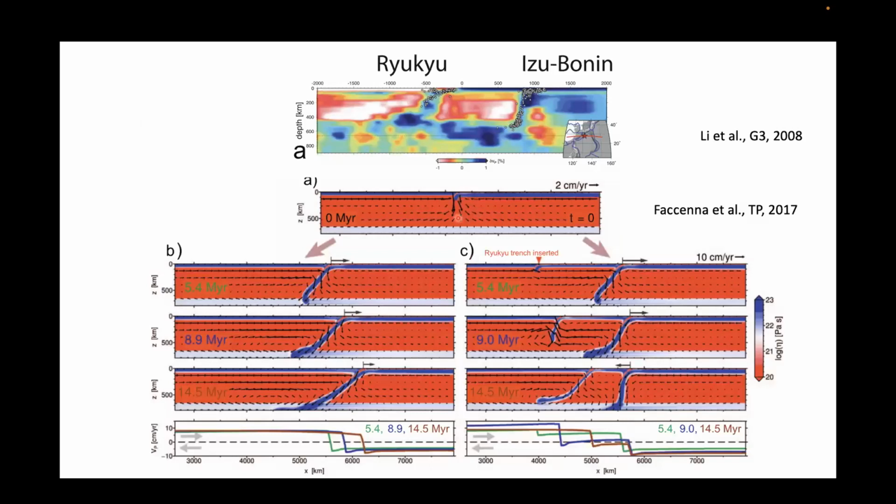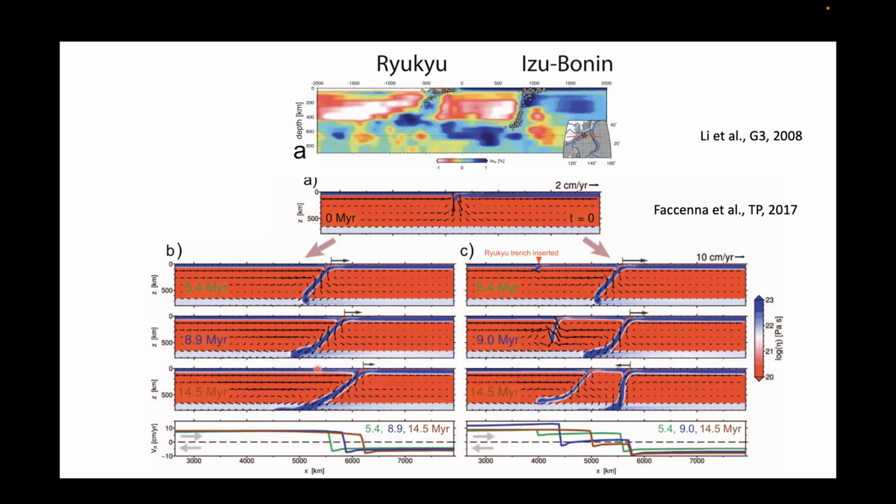One way to do that is to allow a very cold oceanic lithosphere, and the density of this oceanic lithosphere will pull the slab downward faster than it moves forward. So the trench then will move to the right. But this alone does not generate back-arc spreading, because to generate back-arc spreading, you also need to pull apart the overriding plate.